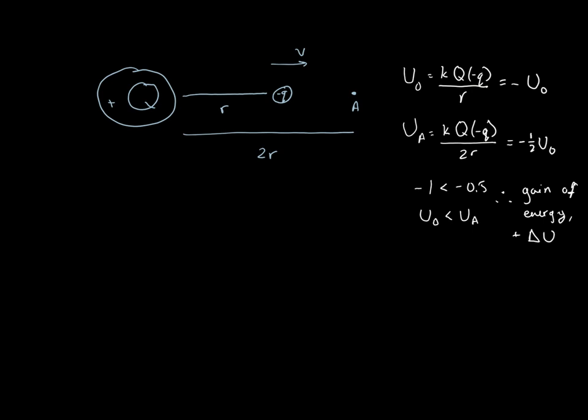And let's also think about it from the work perspective as well. Because these two charges are opposites, they want to attract. So the field will want to pull it in, but the external force is the one that's pushing it away.